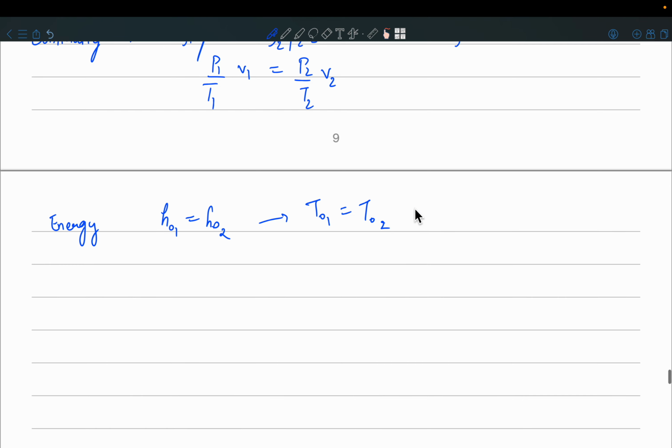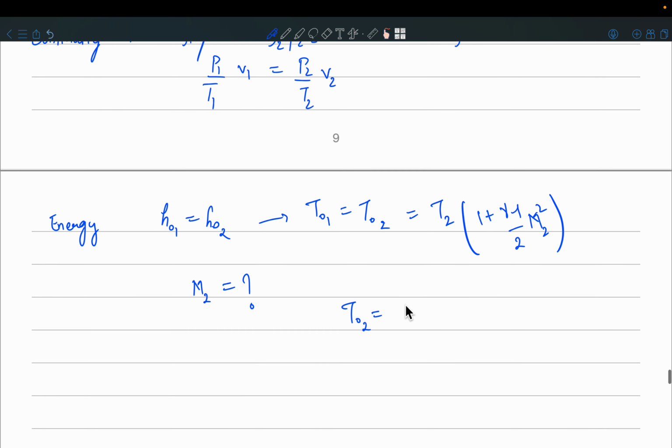and we are also given T2. So this is T2 into 1 plus gamma minus 1 by 2 M2 square. So we know T02, we know T2. What do we need to find? M2. So calculate M2 and tell me. So I'll write the values here for your convenience.